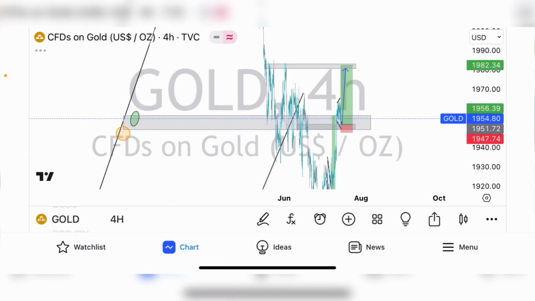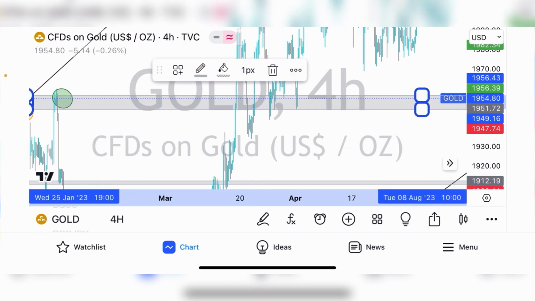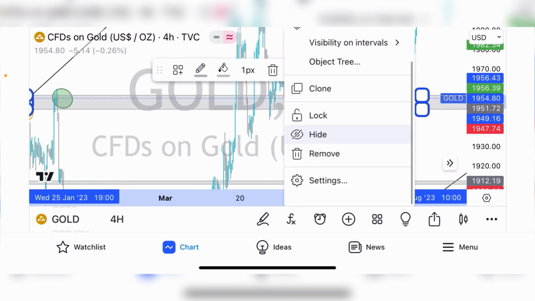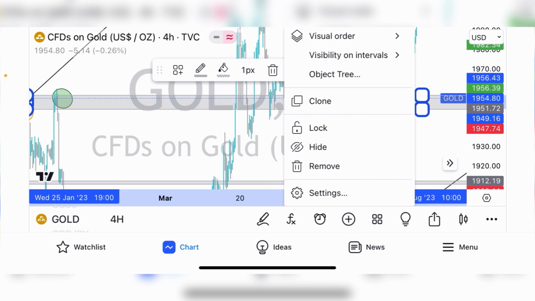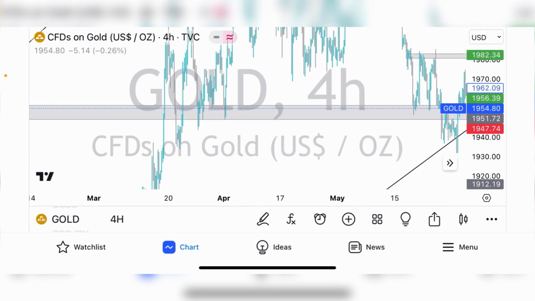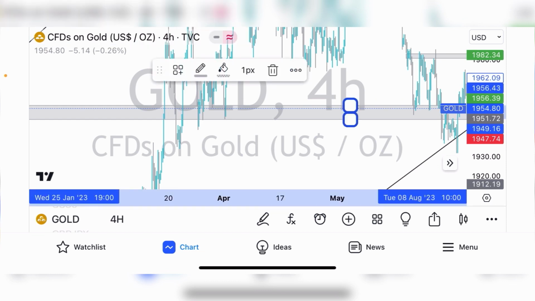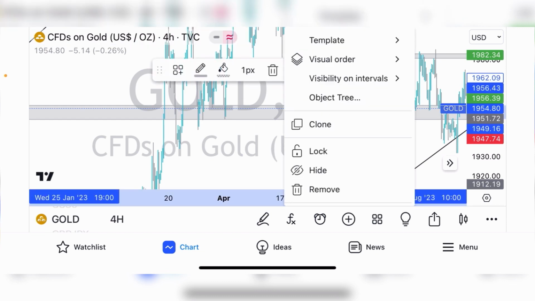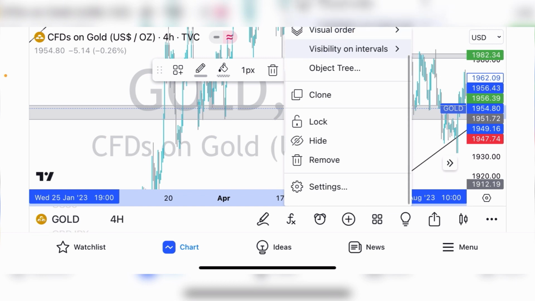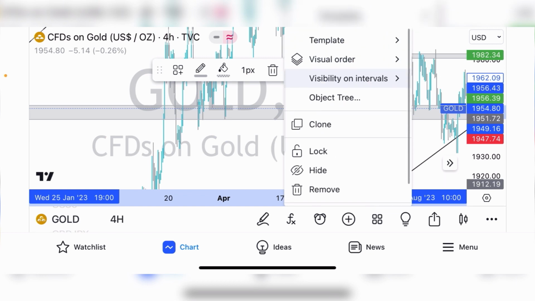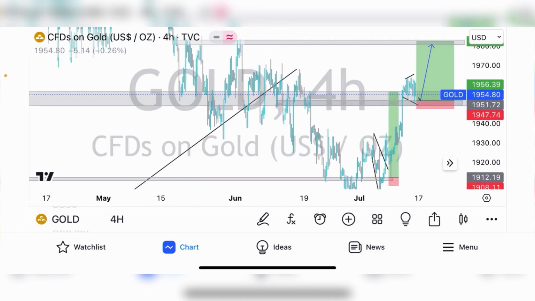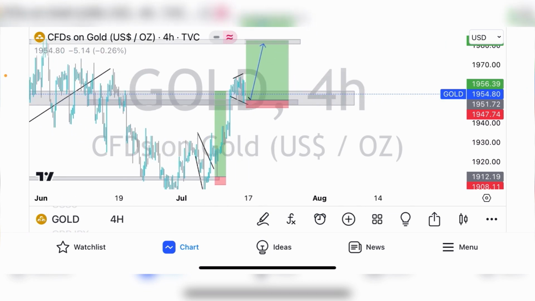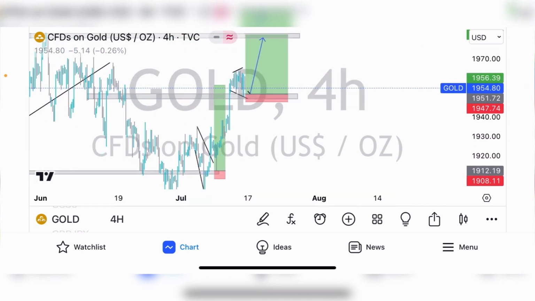I want to change the visibility of this zone actually. But it's fine. Okay, just delete it.